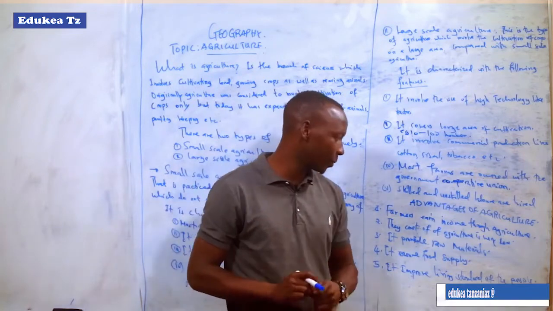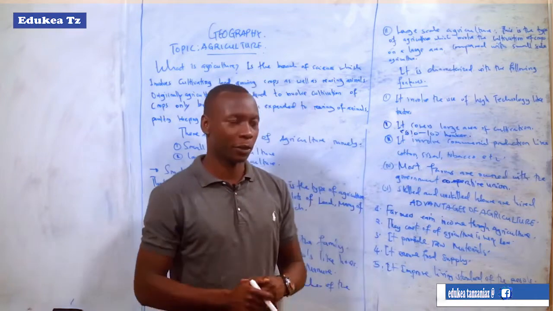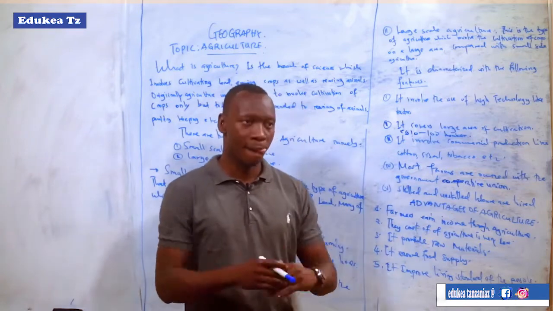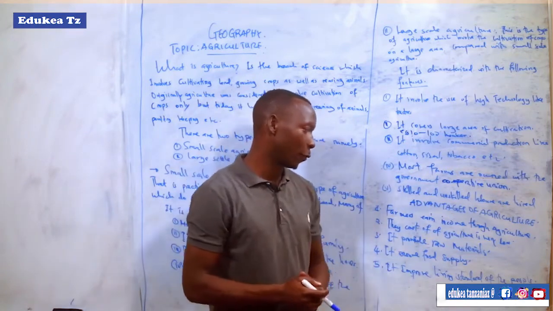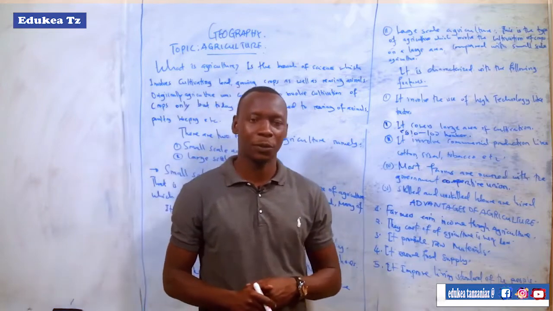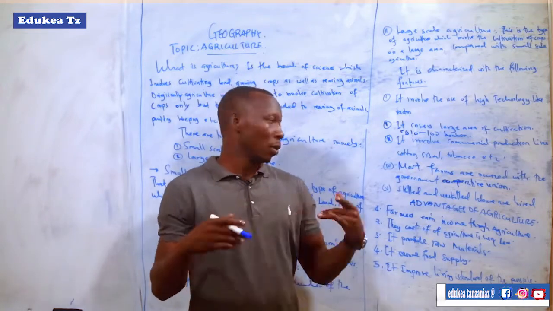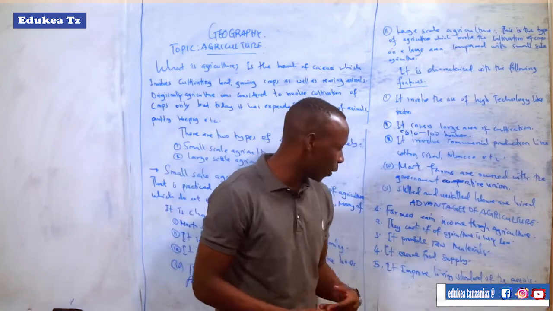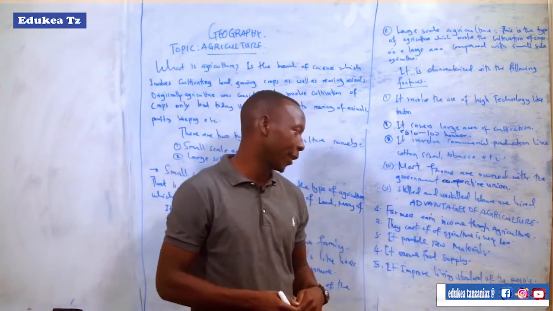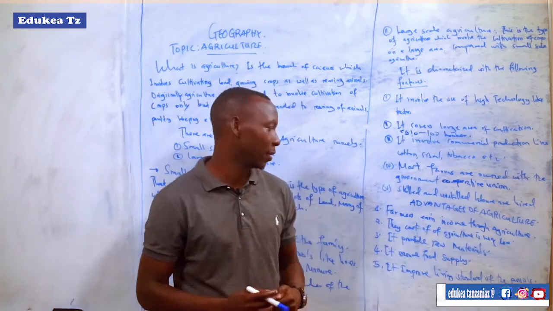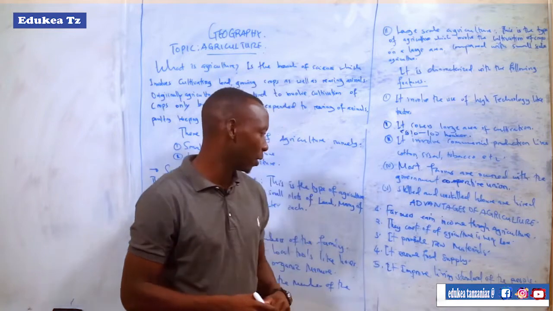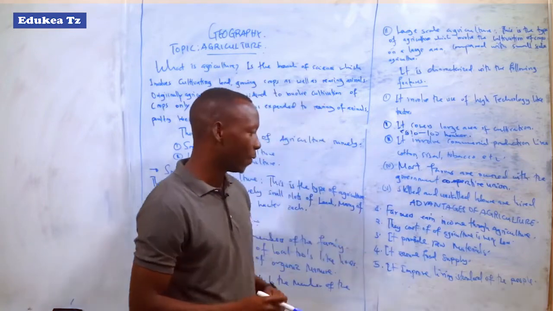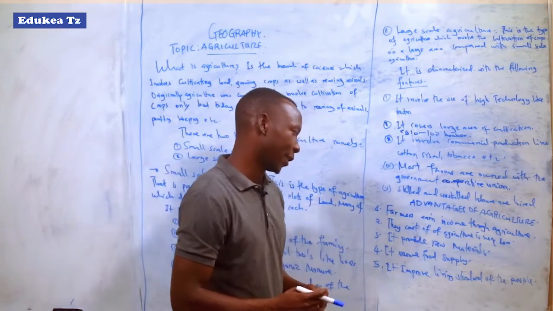After selling those crops, the agriculturalist receives some amount of money, which can be used to improve his living standard and to provide services to his or her family. So that is all about farmers earning income through agriculture.